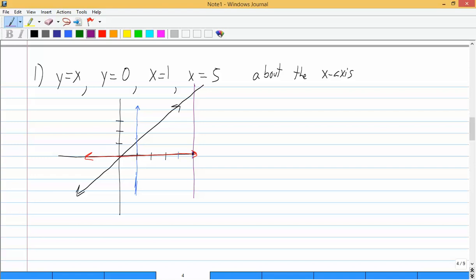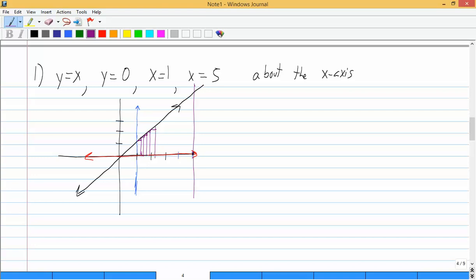So we're going to form these vertical rectangles, and it's an infinite number, so there's not going to be any space in between them. And every one that we form, when we revolve it about the x-axis, is going to form a disk.